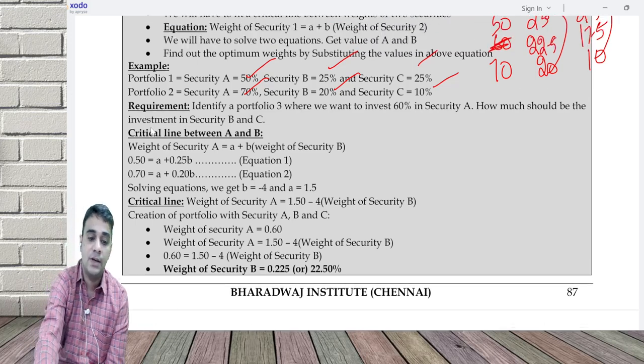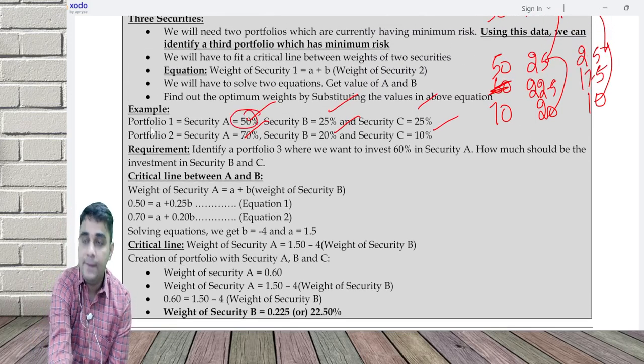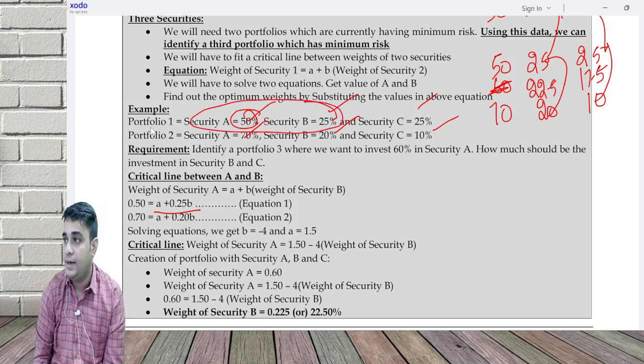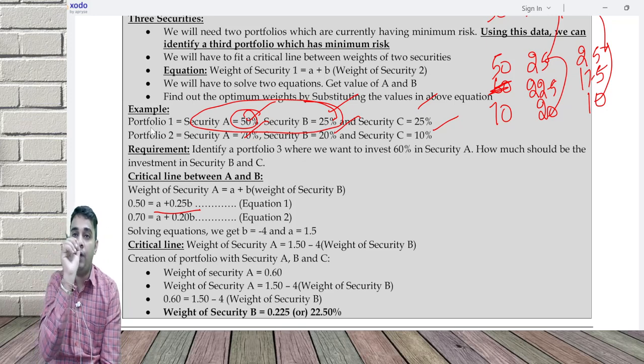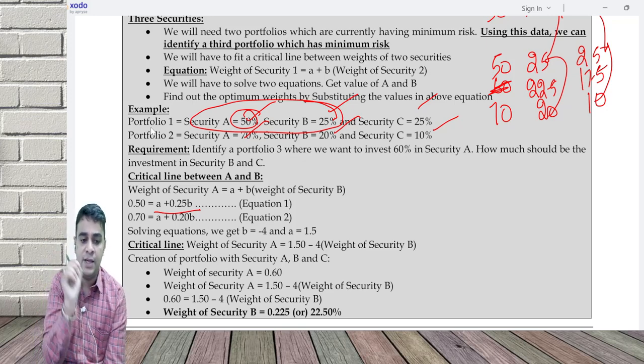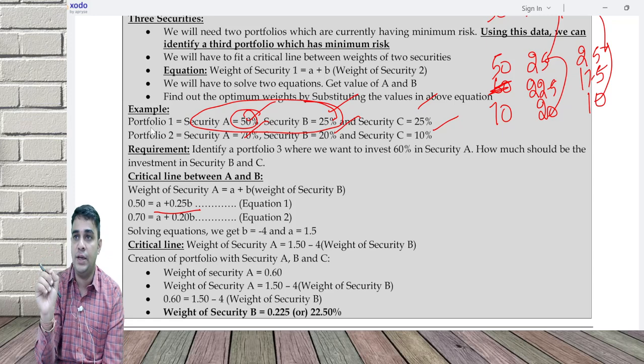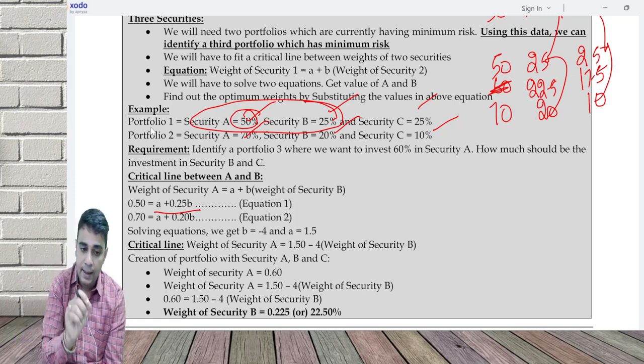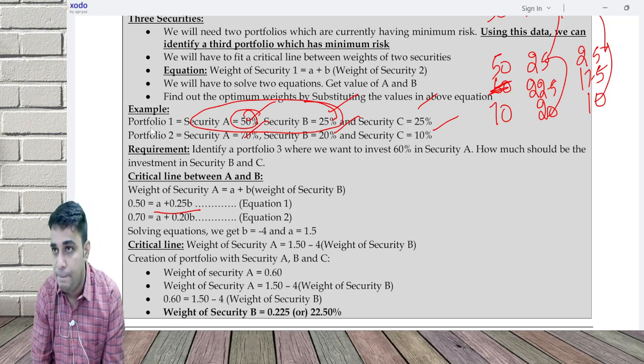How do you get this? 0.5 is equal to A plus 0.25B. I'm putting an equation between these two, 50 and 25. The weight of the first security is equal to, let's call it the first security, not security A. A and B are two terms you're adding. You can say X, Y, anything. A plus 0.25B.